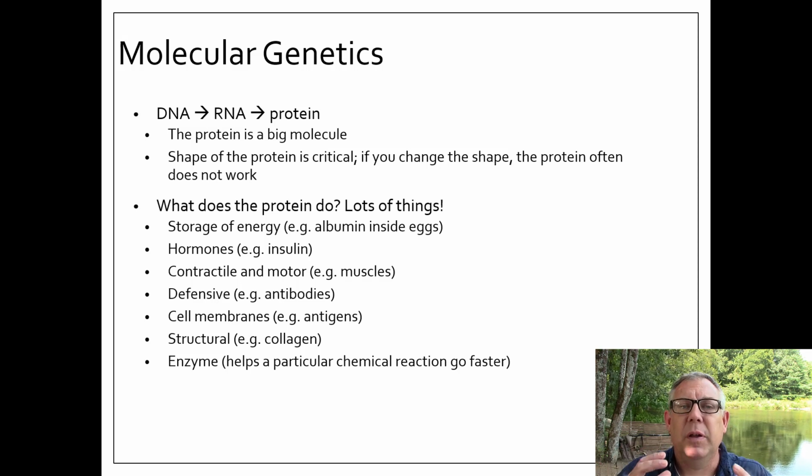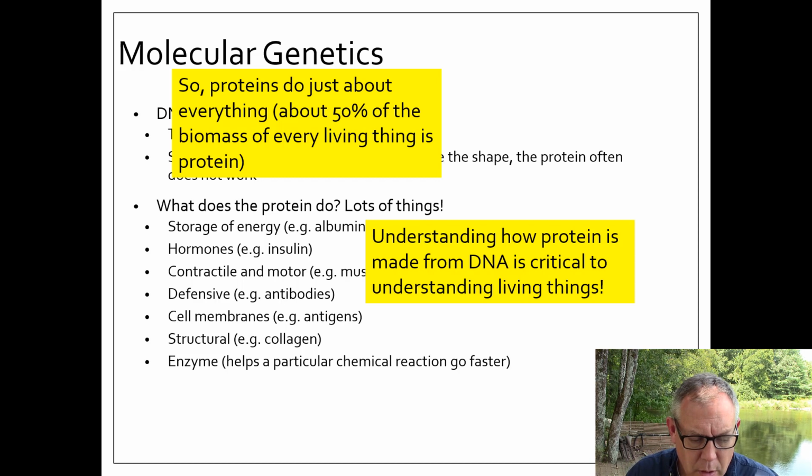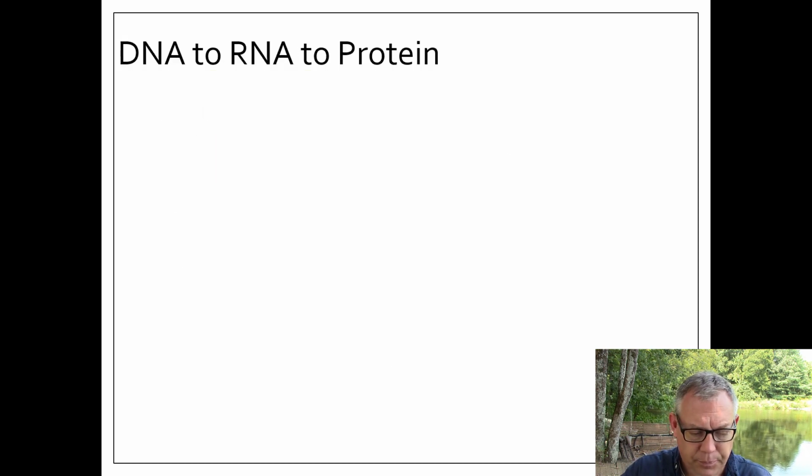They're driven by enzymes. And where do those enzymes come from? They're proteins, and they come from the DNA. So proteins do just about everything, and about 50% of all living biomass is protein. Understanding how protein is made from DNA is critical to understanding living things. So that's why we make a big deal out of this.